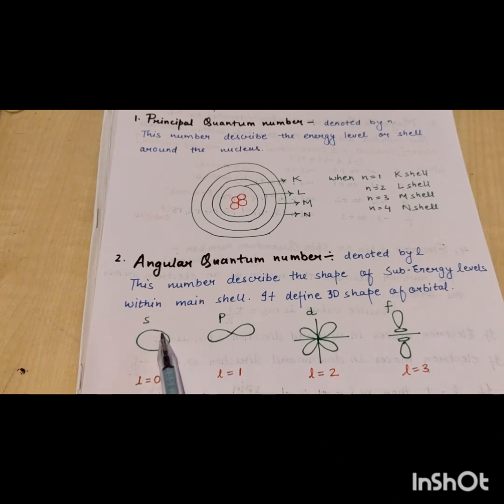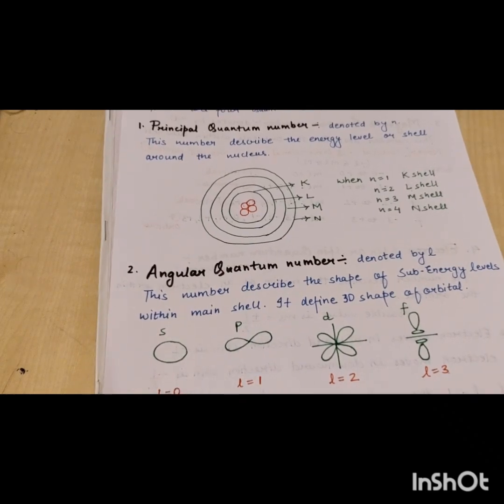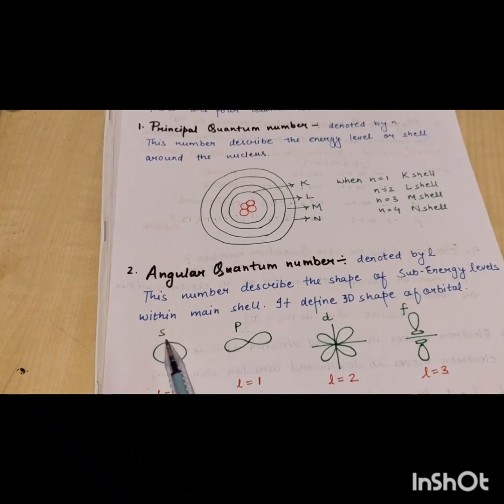So here is the s orbital, and here l represents the angular quantum number. When it is s, then l is equal to 0. When it is p, then l is equal to 1.